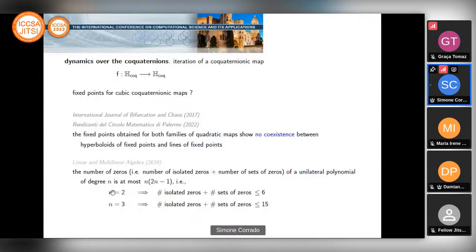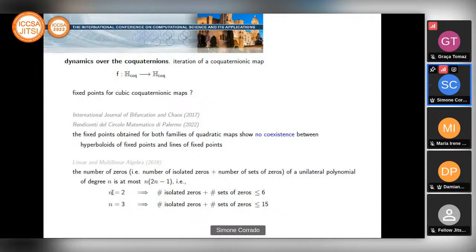This means that for n equal to 2, the number of isolated zeros plus the number of sets of zeros cannot be larger than 6. But when we go to cubic polynomials, this number is much larger. It's 15. So maybe this non-coexistence that we see for quadratic maps is no longer valid for cubic maps.